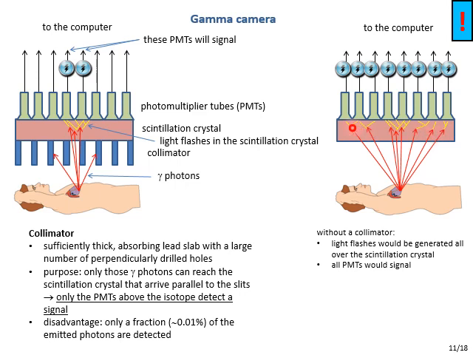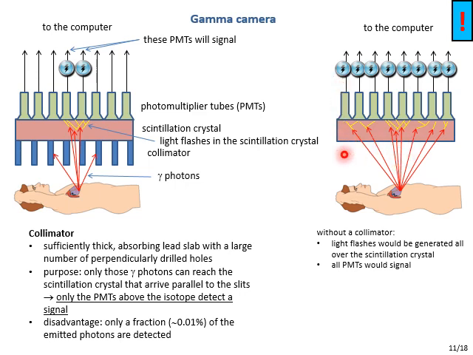Scintillations or light flashes are produced all over the scintillation crystal, and therefore all of the detectors will detect the light flashes, and all of them would imply that they detect radioactive or ionizing radiation.